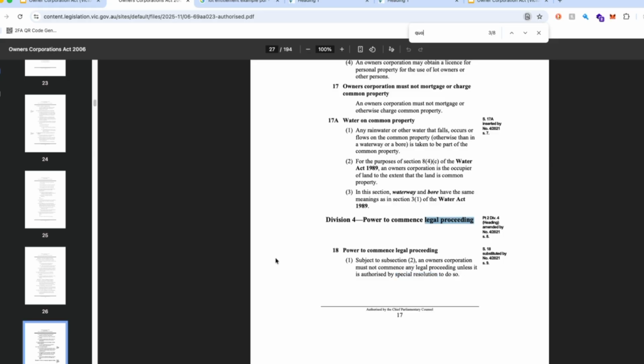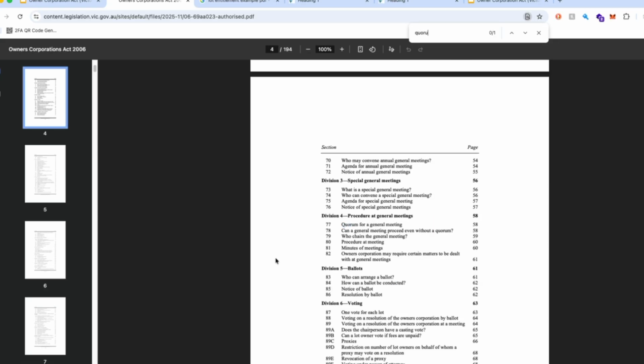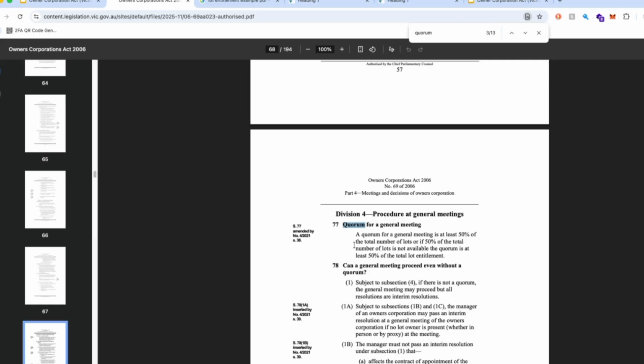As you can see here, this is the original section 77: at least 50% of the total number of lots. And again, this is to protect owners. The OC is making decisions on items, and you don't want an item to pass without at least 50% of owners agreeing.